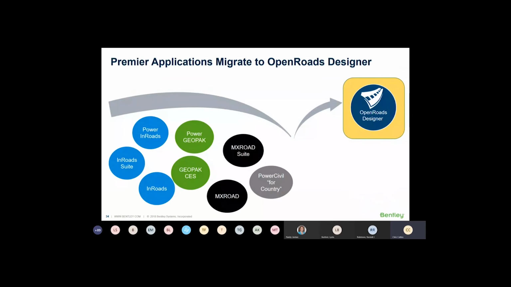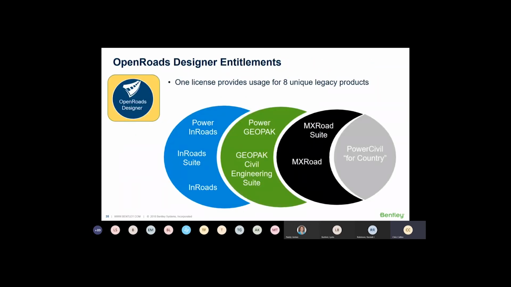But essentially here, just giving you a little roadmap of how this happens, all of our legacy products will migrate to OpenRoads Designer. So whether you were GEOPAK or InRoads or MX or PowerCivil, you can get there from here.